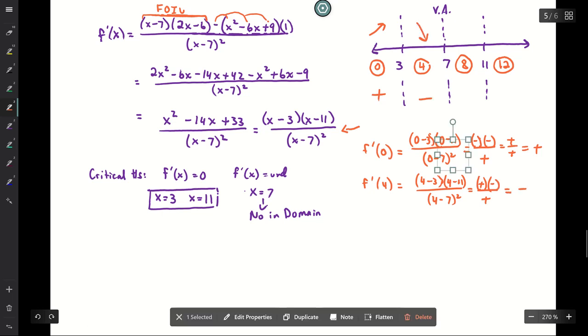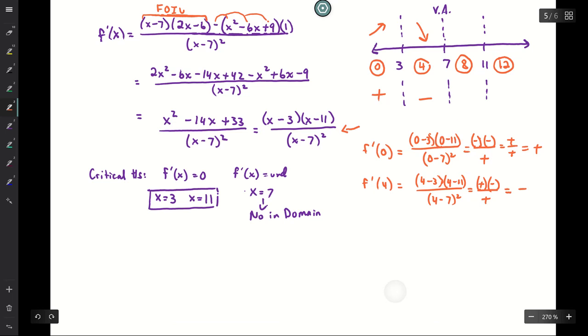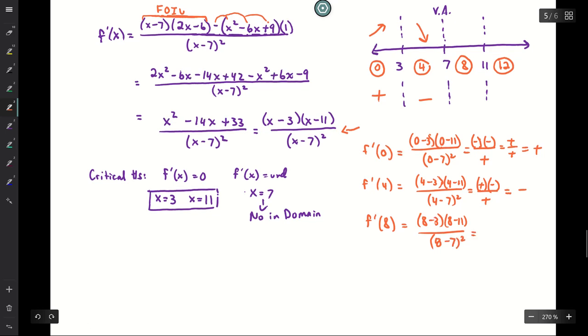So negative and decreasing. All right, f prime at 8. So 8 minus 3, 8 minus 11, over 8 minus 7 squared. 8 minus 3, positive, 8 minus 11, negative. Bottom positive no matter what, that will end up being negative.